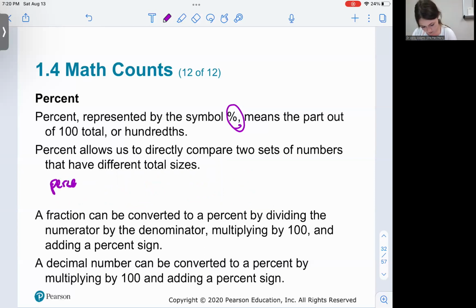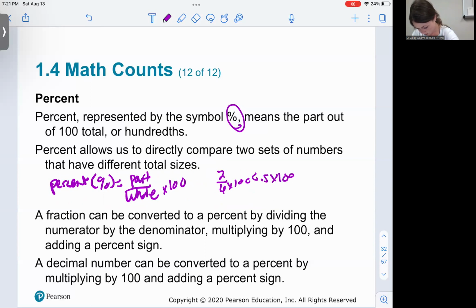Percent, let's put our percent sign, is equal to part over the whole times 100. Right. So here, if you have 2 out of 4 times 100, so you have 0.5 times 100, this equals 50%.